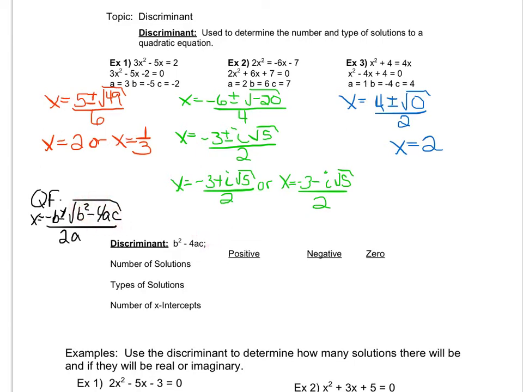And what the discriminant is going to tell us is that if this piece under the radical is positive, like in example 1, I'm going to get two solutions and they're going to be real. So I'm going to fill that into my table. If it's positive, I get two solutions and they're real numbers.